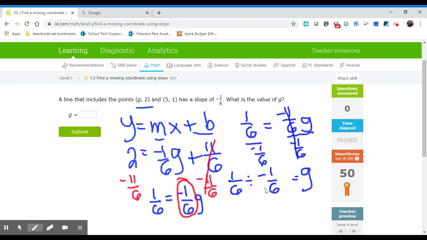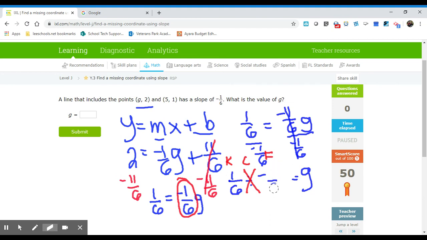How do we do that? We do keep, change, and flip. We keep the first thing the same. We change division to multiply, and then we flip this around. So instead of negative 1/6, it becomes negative 6 over 1.